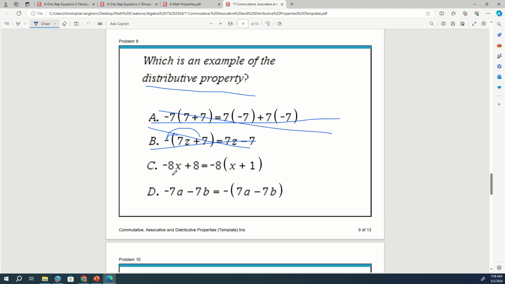This one, oh, well, this is reversed. I start off without parentheses, and now I have parentheses. That would be distributive property because I have a -8. Let's see, wait, -8. And that'd be negative there.